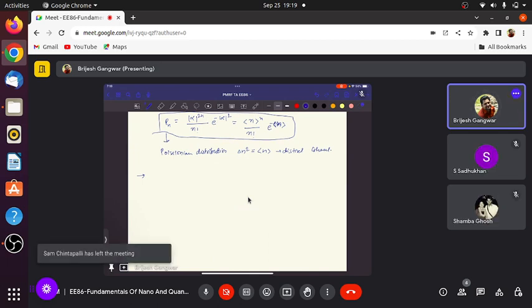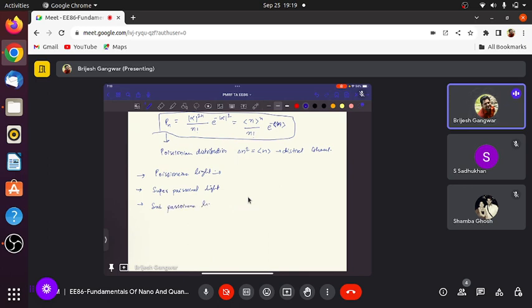From this formula you can say this is Poissonian light. In the same way there are many types of representation, some called super-Poissonian light, and one is sub-Poissonian light.